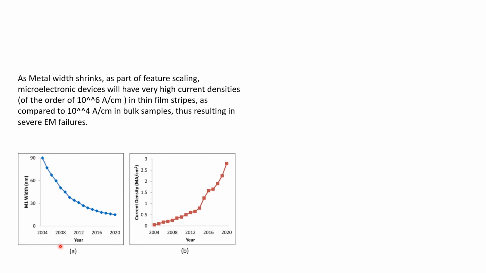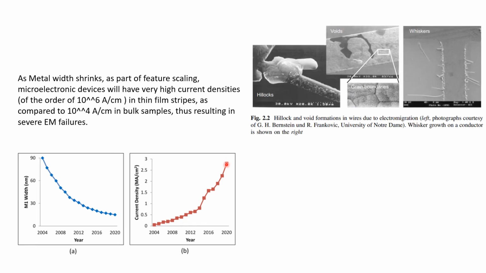Over the years, the metal width is shrinking. Because of this, current density is actually rising. So you will observe that EM violations are seen more in the later years rather than in the earlier period. Hillocks and voids are formed during this.